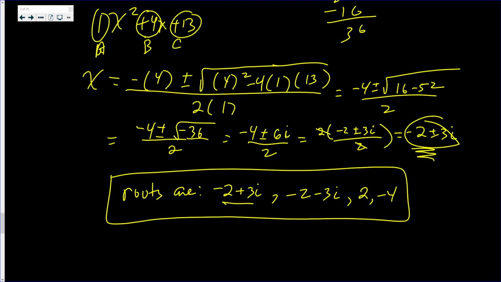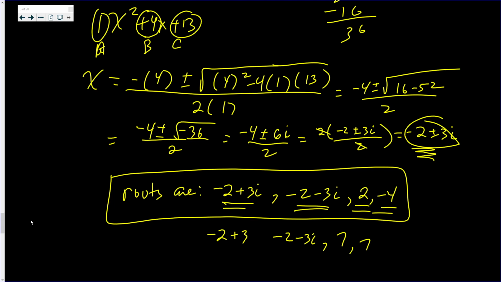And there better be 4. A 4th degree polynomial has 4 roots. Some are complex, but there's 4 of them in total. And remember, sometimes they can be, say, negative 2 plus 3i and negative 2 minus 3i and just the number 7. But this 7 is a double root.